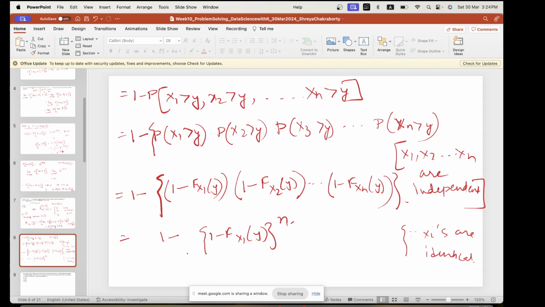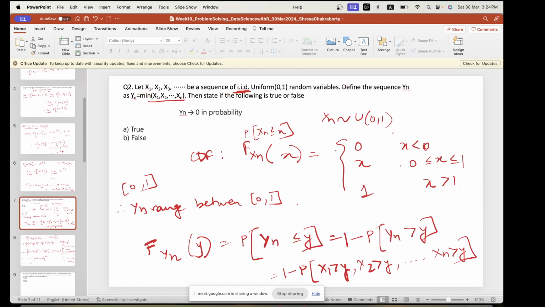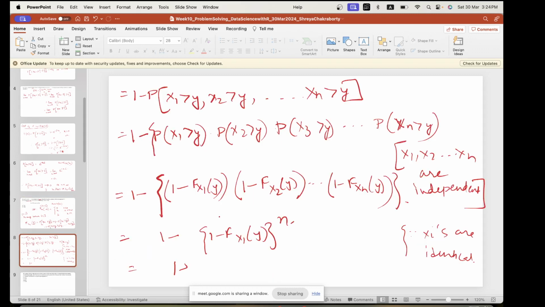Since y also lies between 0 and 1, we can write this as x between 0 and 1. So instead of F_X1(y), same as F_X(x), here we'll put y, since it is between 0 and 1. So here we have F_X1(y) as y. This will be 1 minus (1 minus y) to the power n.